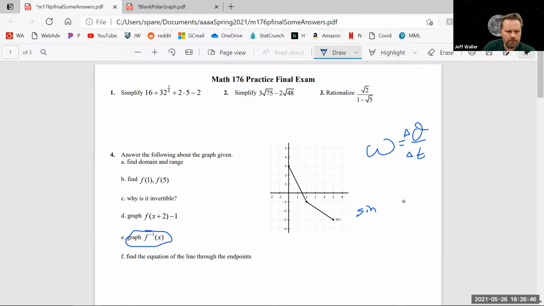Is that in our book? That sounds more like the K, and you figure out the new period by doing 2 pi divided by K. Somebody could have just decided to use a different variable. Well, it's not really weird, to be honest.